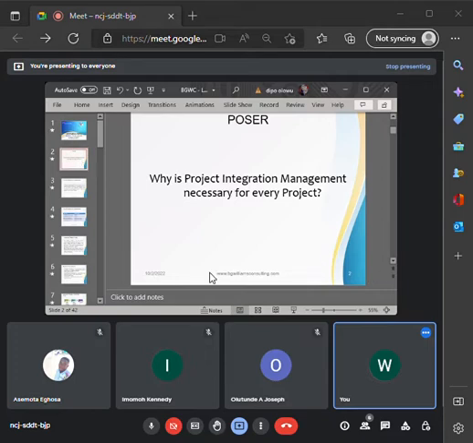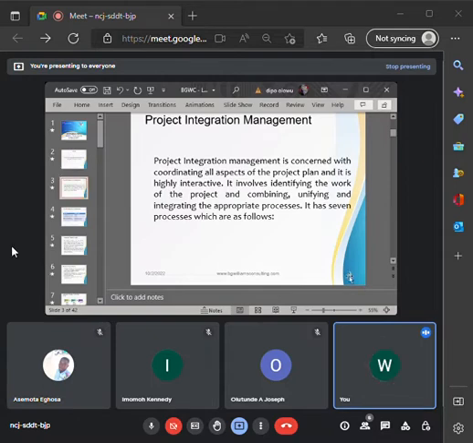It is simply because of this aspect of the project that you are needed as a project manager. Why? Because they need somebody who is able to integrate every aspect of the project. So project integration management, as we can say, is technically, please take note.